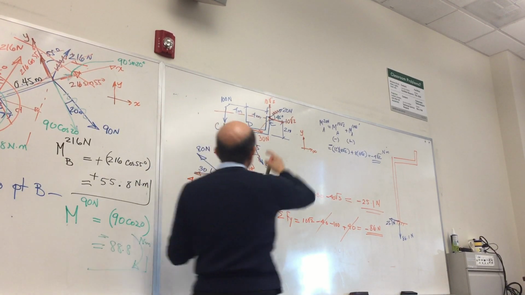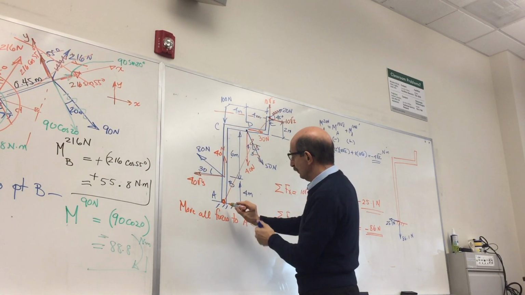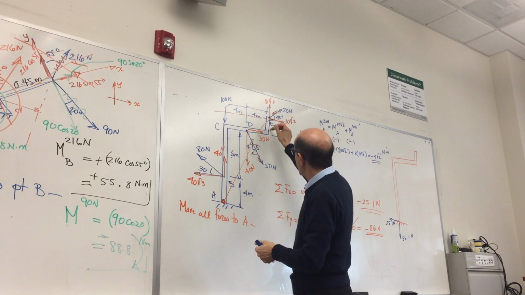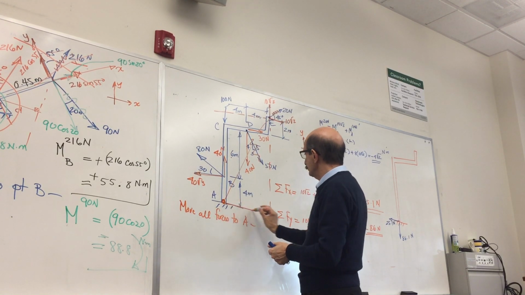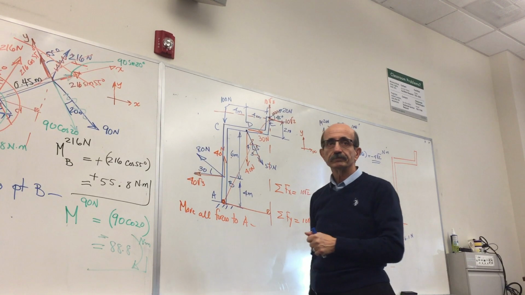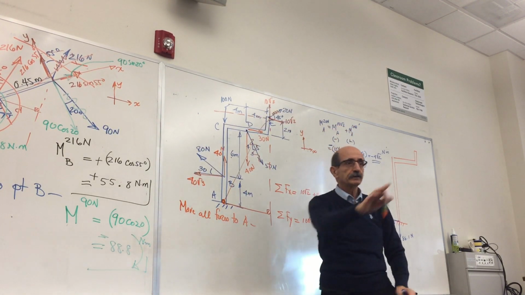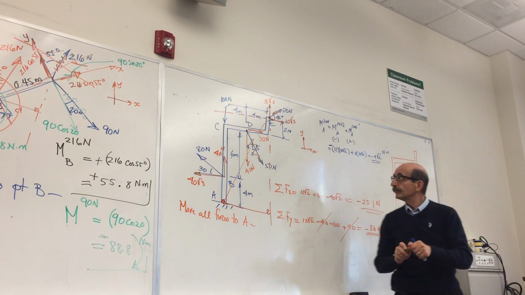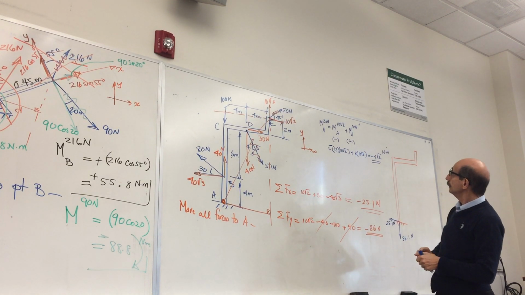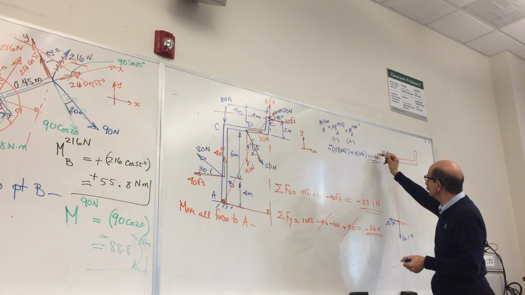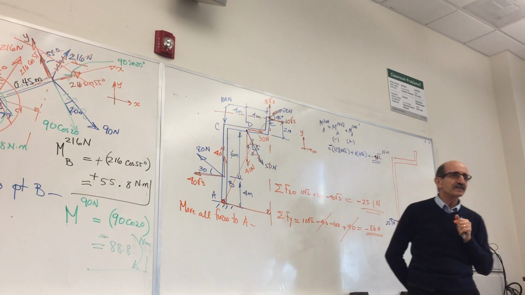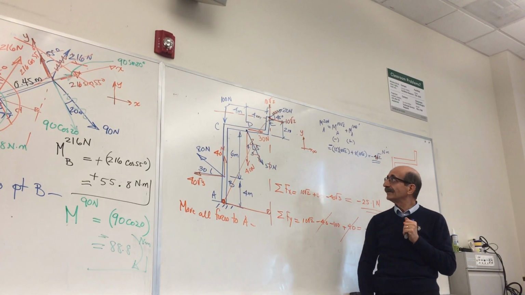For this one, the vertical distance between this and this line. So this goes that way, this goes this way. Isn't it negative 40 root 2? Negative 40, sorry, yes. Good point.